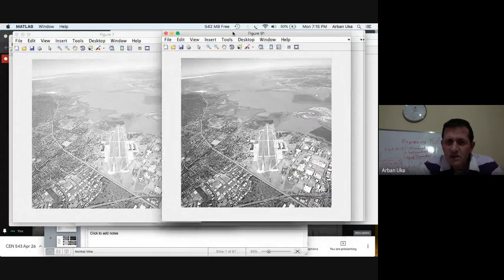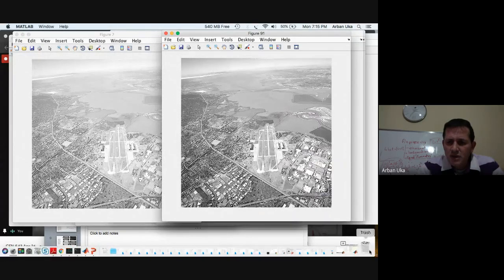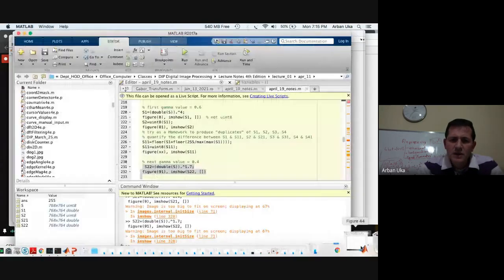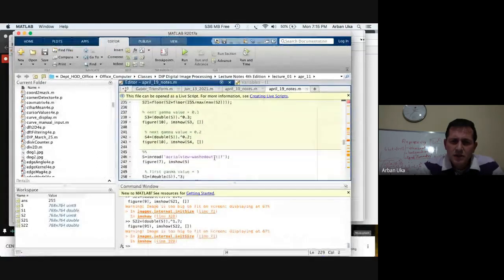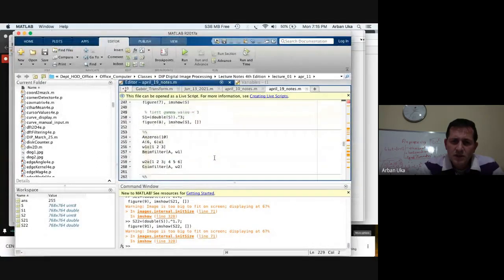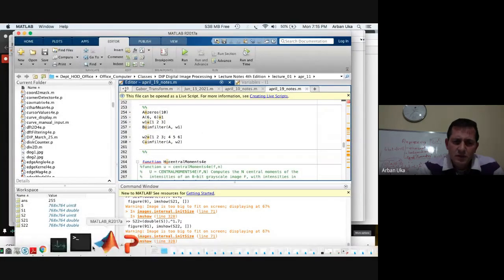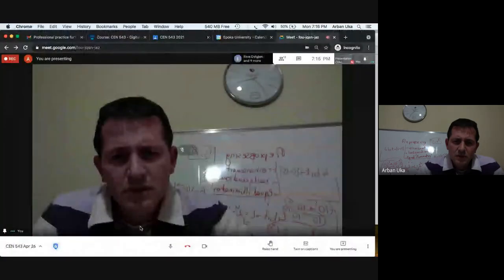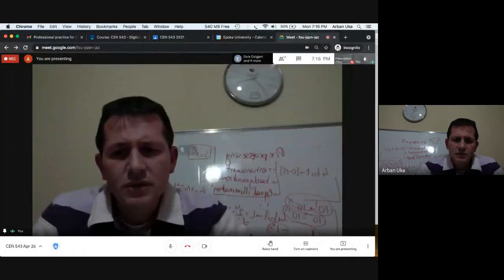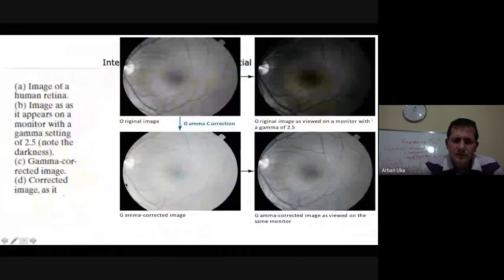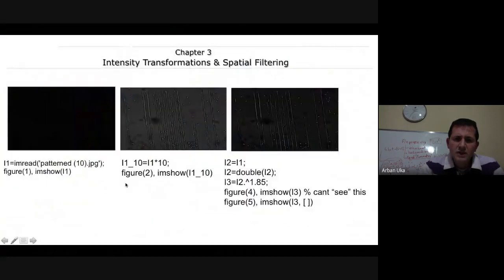It has some reasonable contrast that we can work with. Let's see what else we have. Again, this is all about different gammas in the filter. Okay, let's go back to the class material, which I should find somewhere here. So this was regarding the gamma correction.